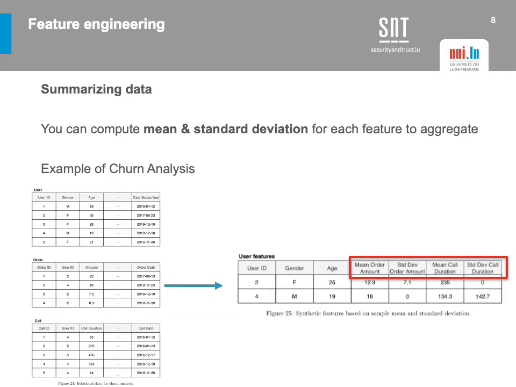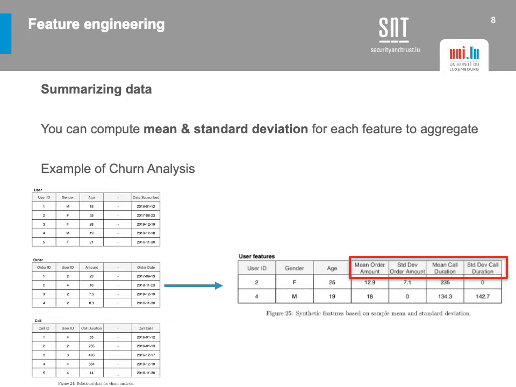One classical example, and I worked on that when I was a freelance, is churn analysis. With churn analysis, you have some clients and you want to predict whether the client, the customer, will abandon the subscription or will abandon what the company is doing.